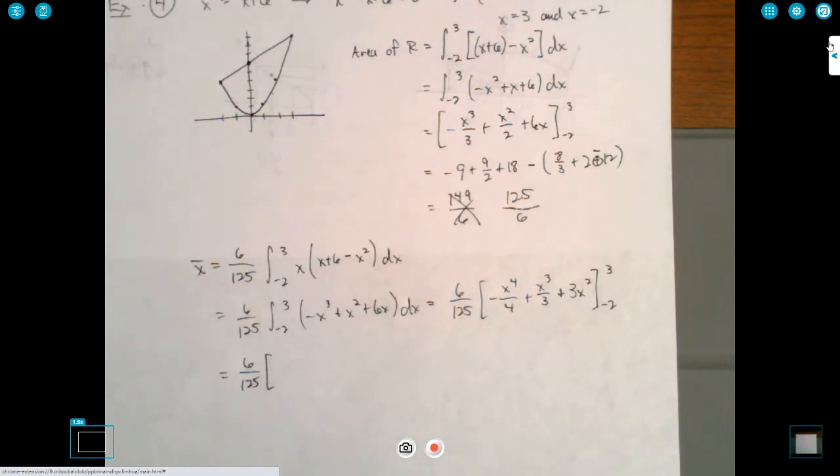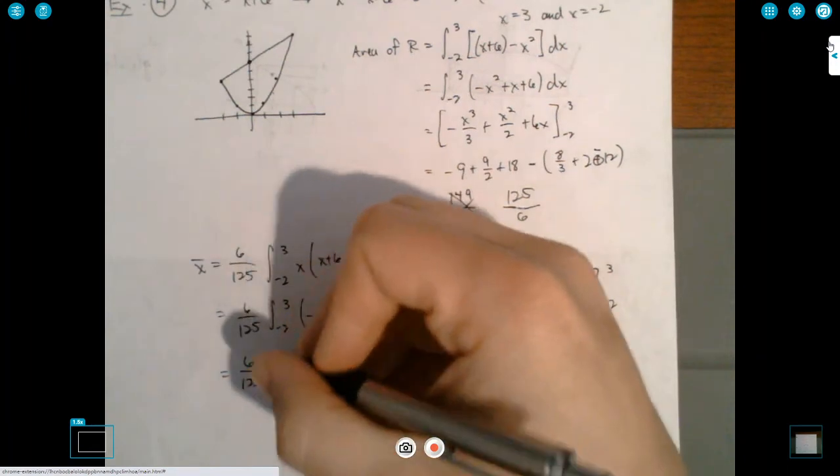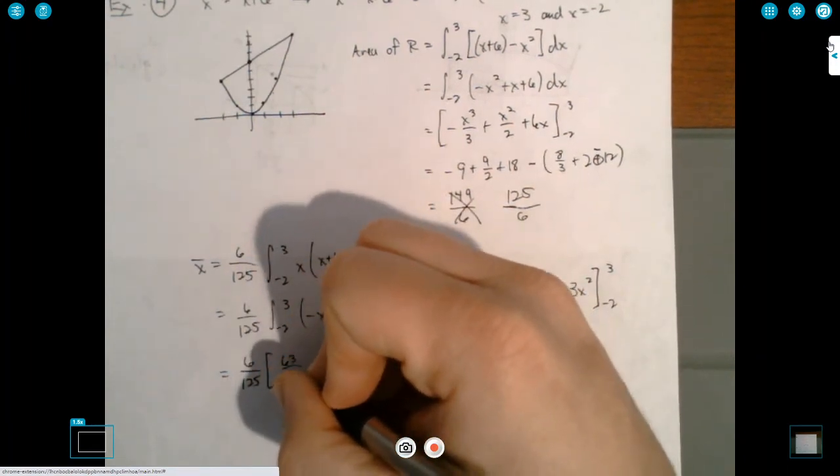So if I plug in 3, now I'm going to get negative 3 to the 4th divided by 4 plus 3 cubed divided by 3 plus 3 times 3 squared. Oh, just 3 times 3 squared. So that's 63 fourths.